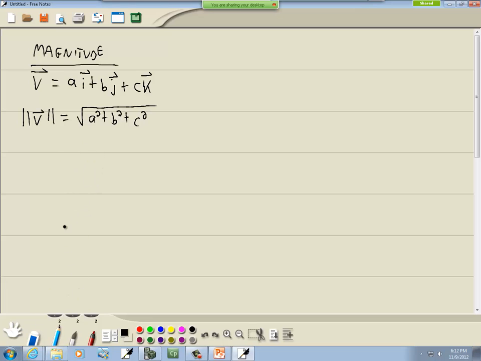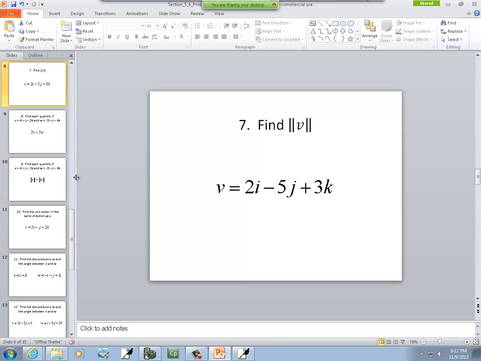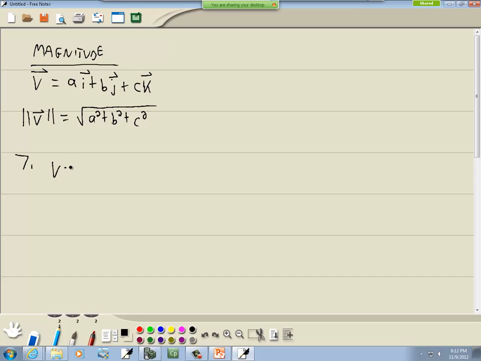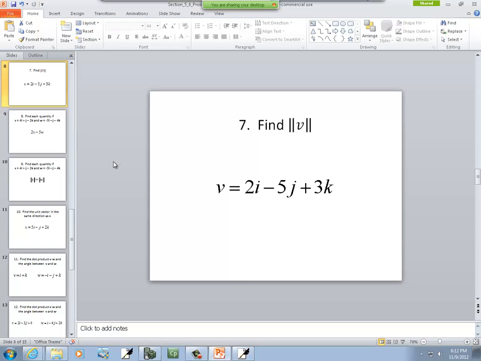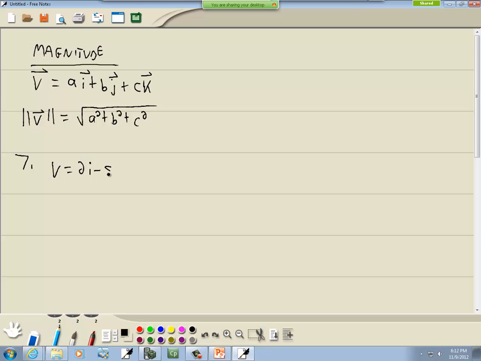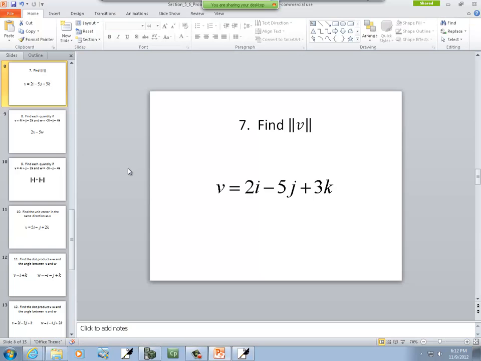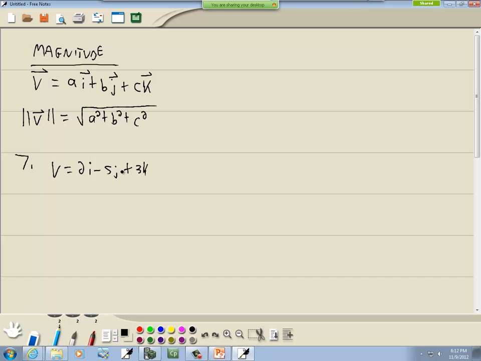There we go. So this problem, number 7, says v is equal to 2i minus 5j plus 3k. These are vectors. I won't put the little symbols over all of them.